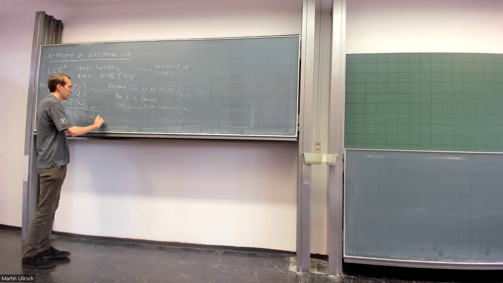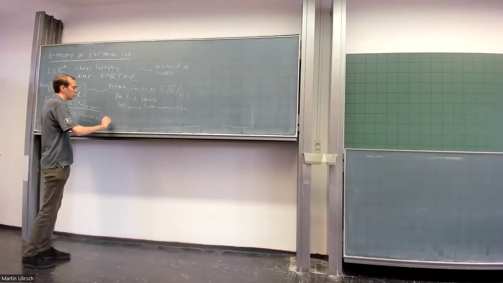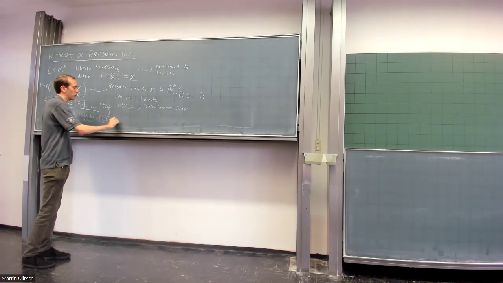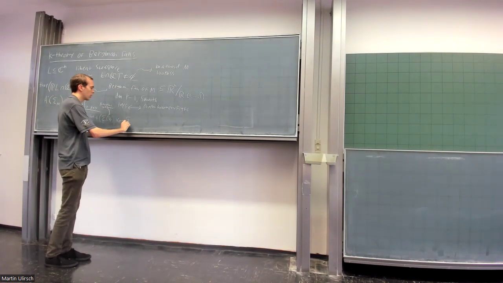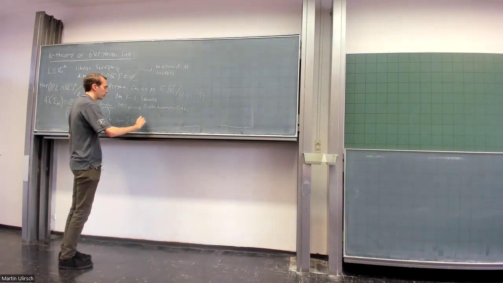The linear relations look like: you sum over the rays rho, taking the primitive vector v_rho, then you take the ith coordinate and multiply by x_rho. That quantity is equal to the same sum over the rays with the jth coordinate.